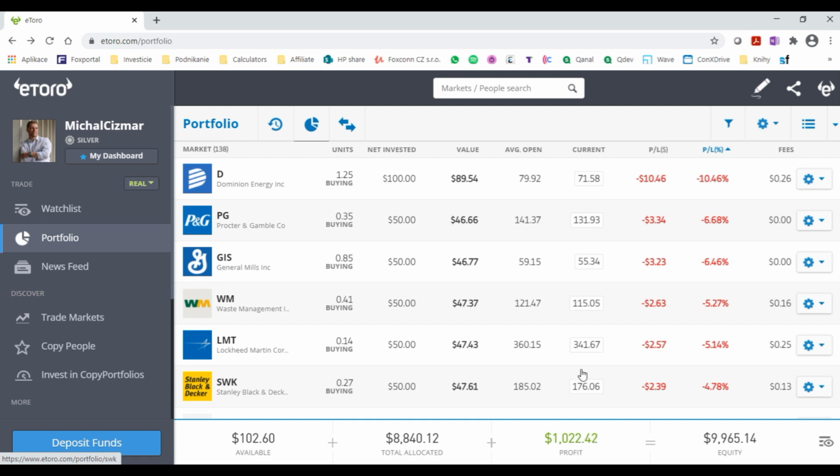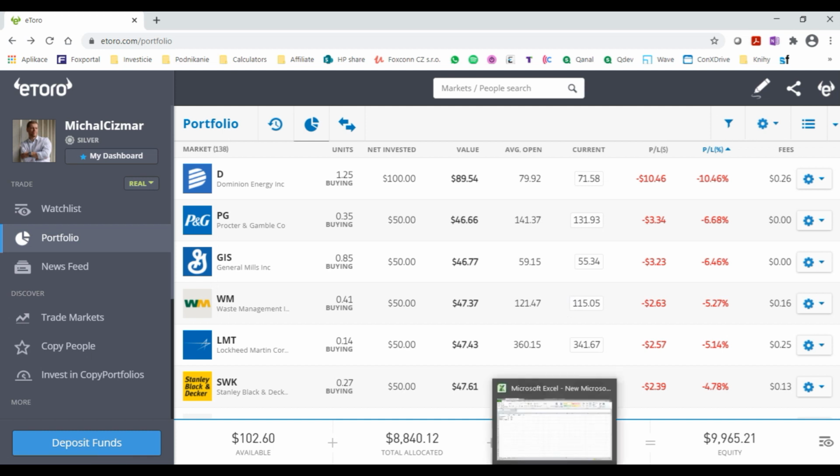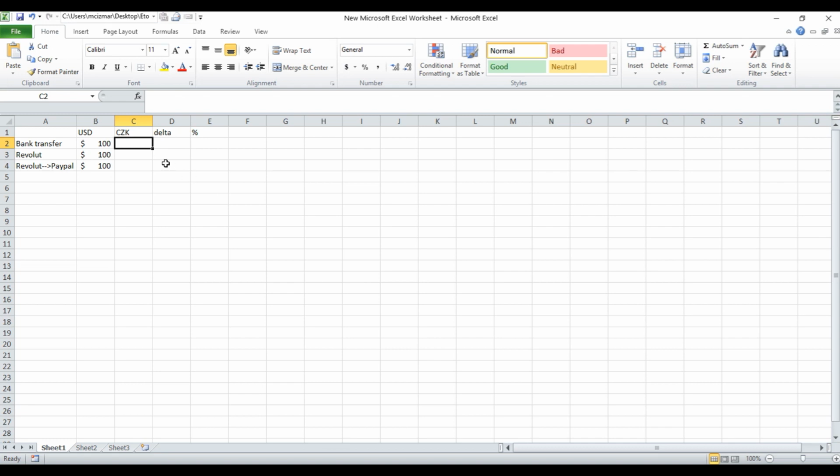Okay, so right now we can check what the differences have been in the exchange rate. Let me check my bank transfer account. There was a $100 deposit using my bank account. This bank account was in USD dollars.